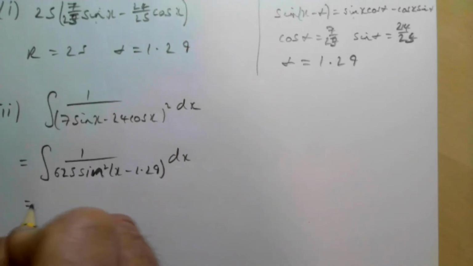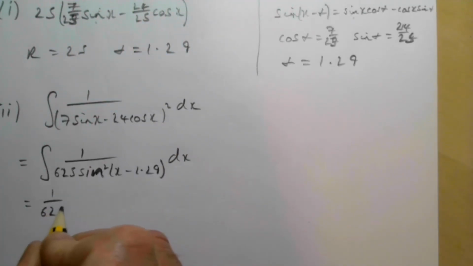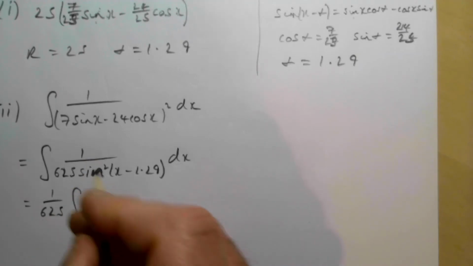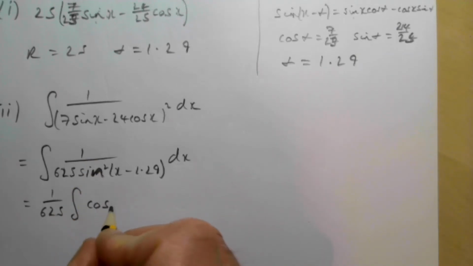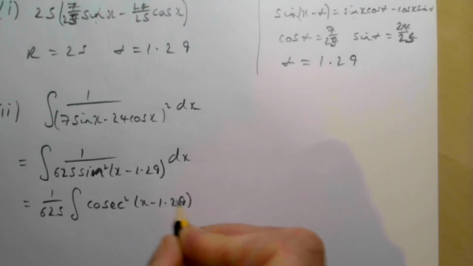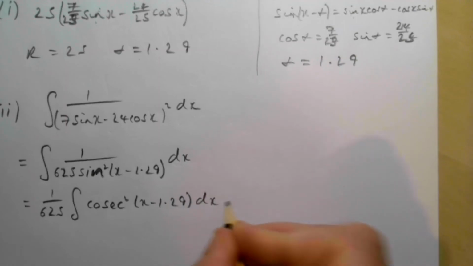That's the same as 1 over 625, I'm just going to take that out of the front, the integral of, remember 1 over sine squared is cosec squared, (x minus 1.29) dx.